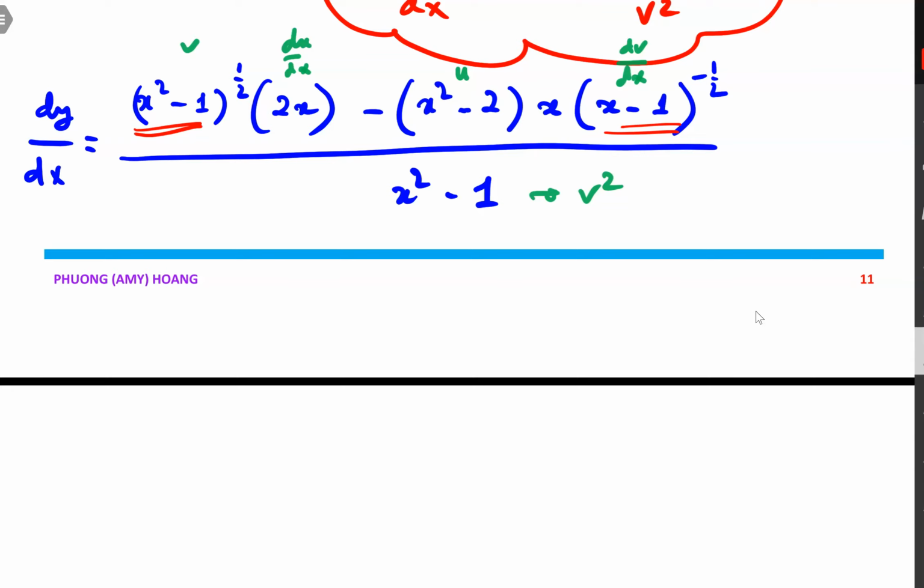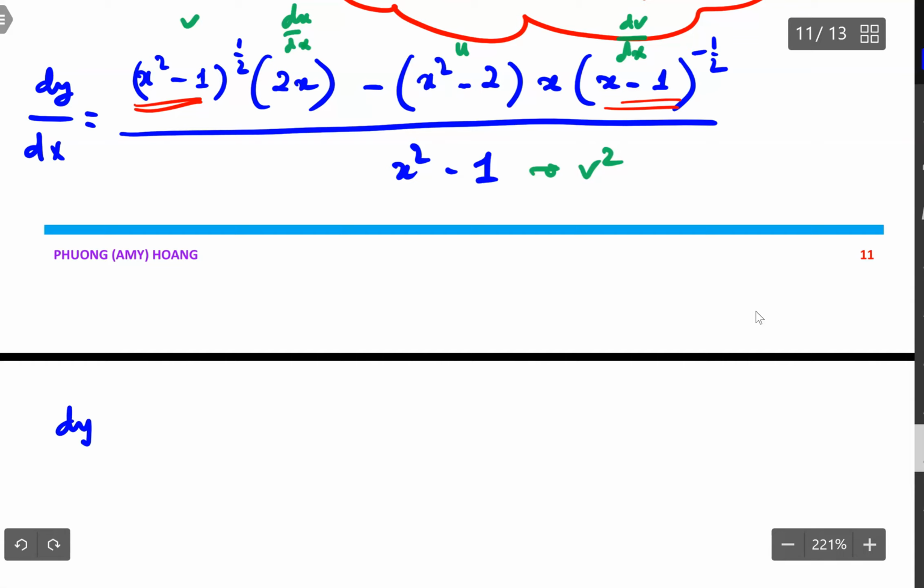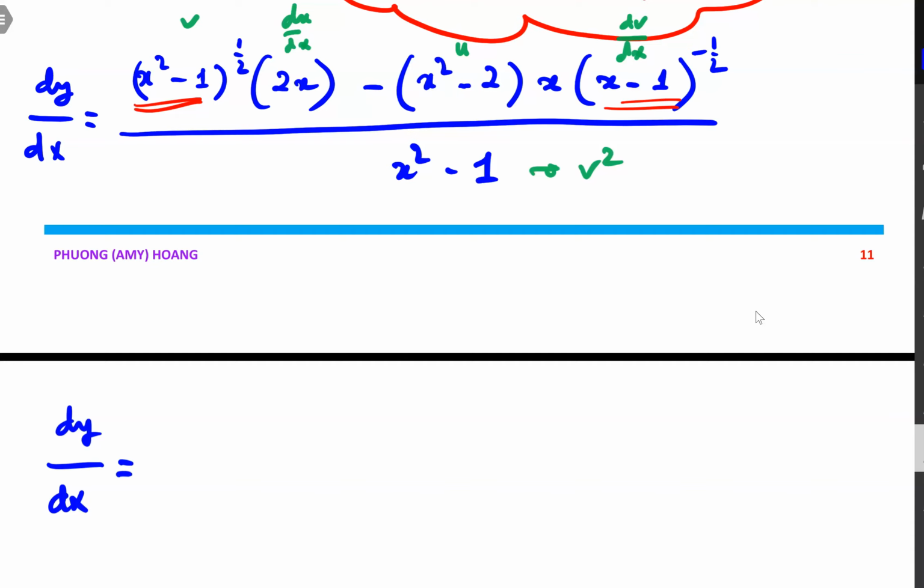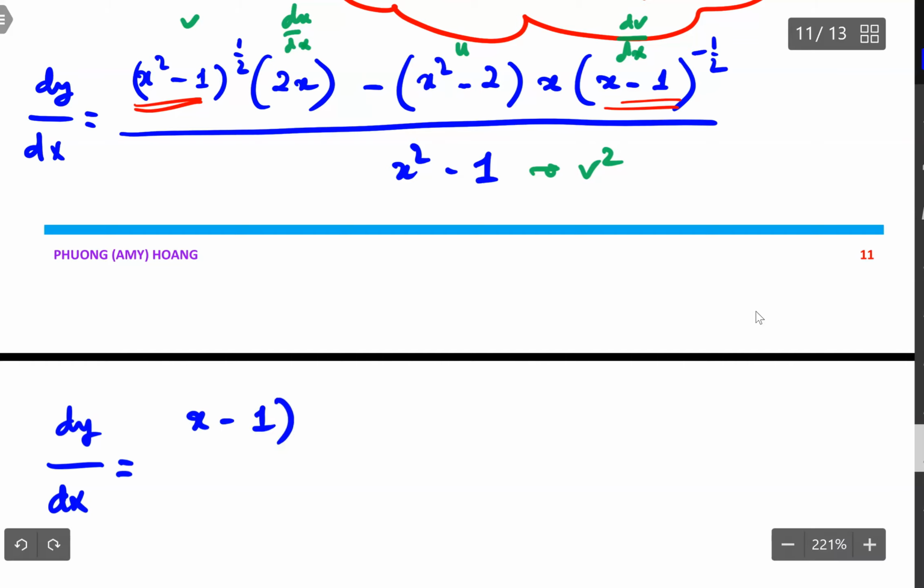So you will pull out the one with the negative exponent, because negative half is smaller than half. Okay, so I should have x squared minus 1 raised to the exponent negative half.